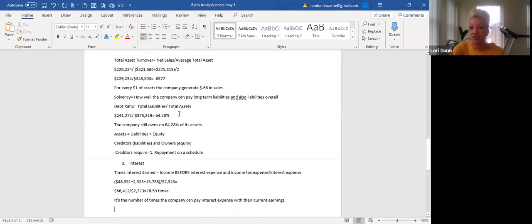We have more debt at Apple than the industry does. So that will cause our times interest earned ratio probably not to be at the same standard as our industry. So they're in a worse position to pay long-term debt. They're not as solvent. More of their assets are financed with liabilities. So that means they're going to have more interest expense.